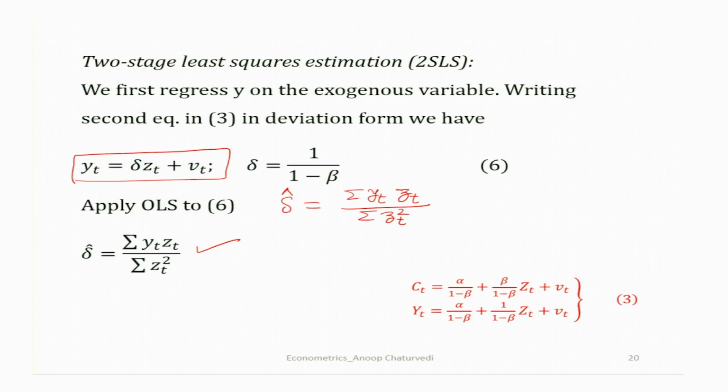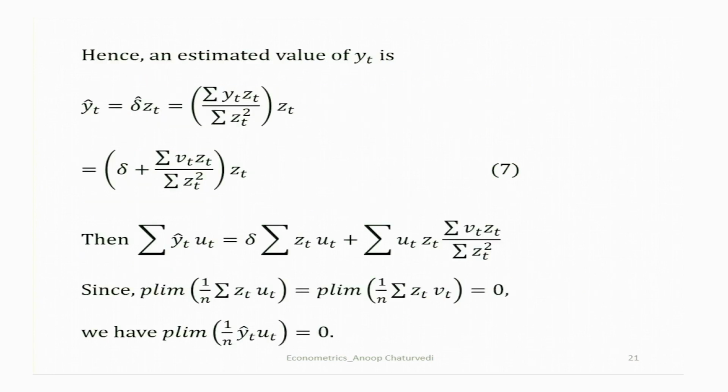So, this is the first step. What we do? We consider all the exogenous variables available in the model, and then we regress y on all the exogenous variables. In the next step, we obtain an estimated value of y.